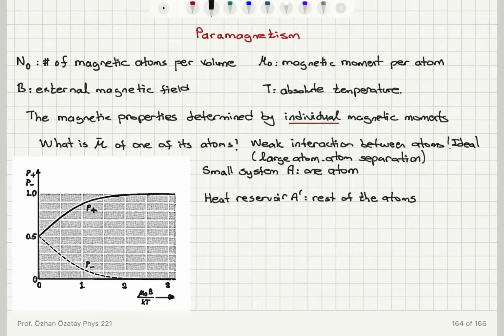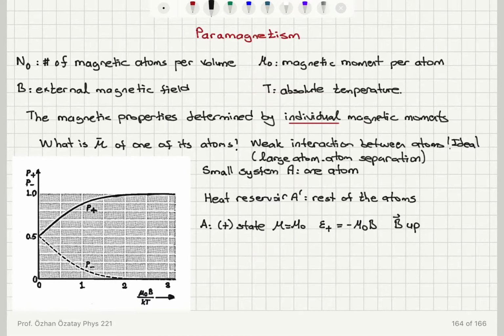So system A can be in one of two states. It can have a sigma positive state, which means it has a plus mu 0 magnetic moment. The corresponding energy to this state, epsilon plus, is minus mu 0 B if the magnetic field is pointing up.